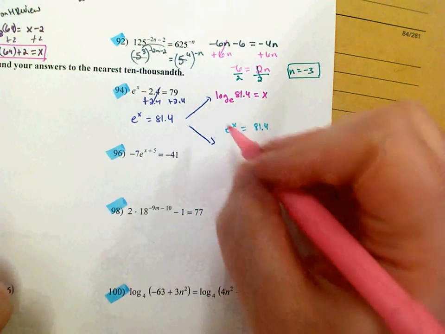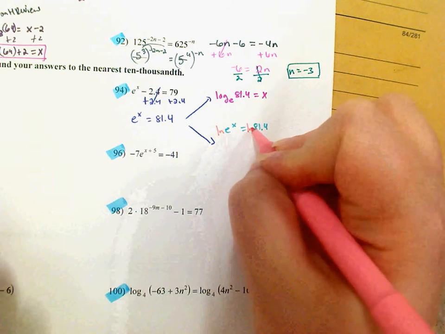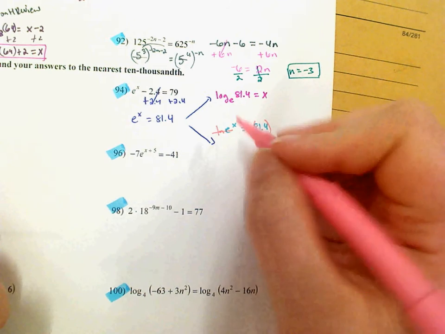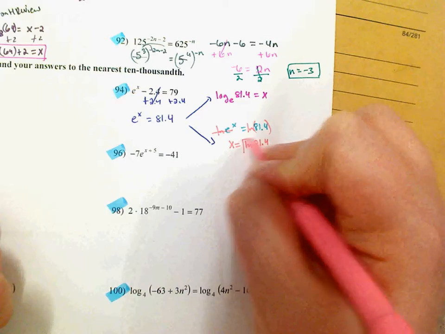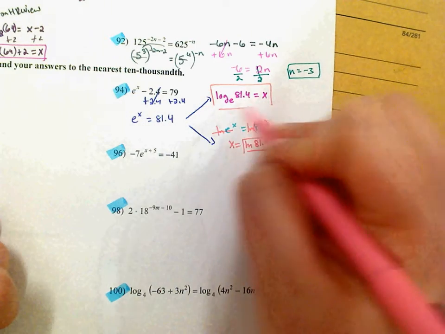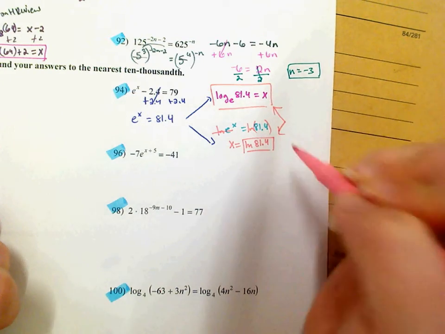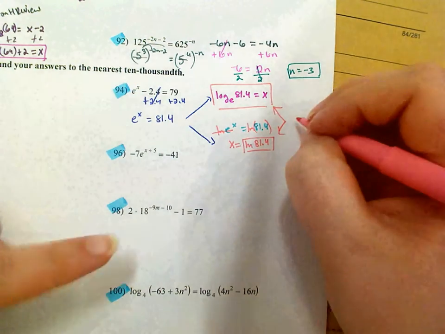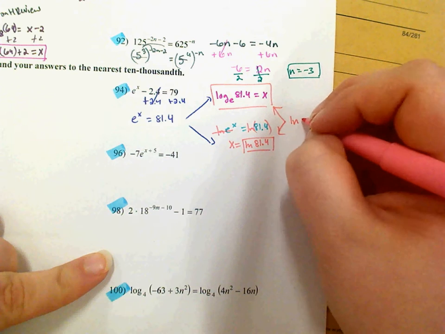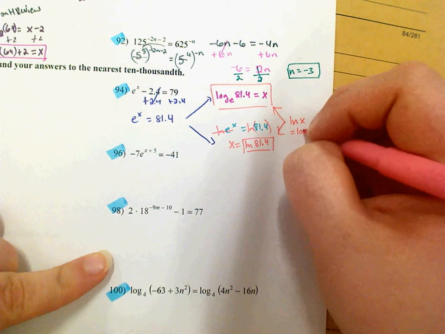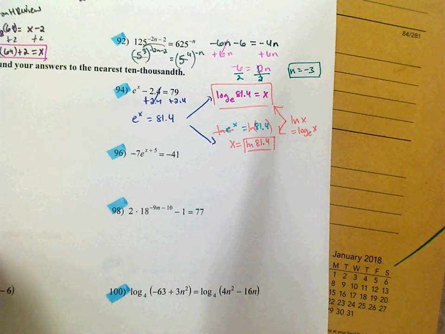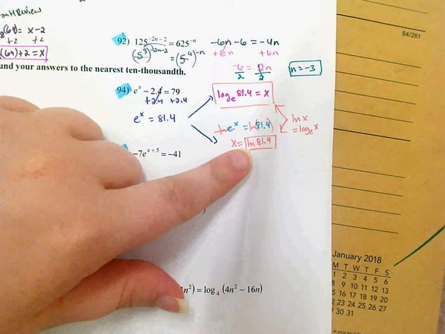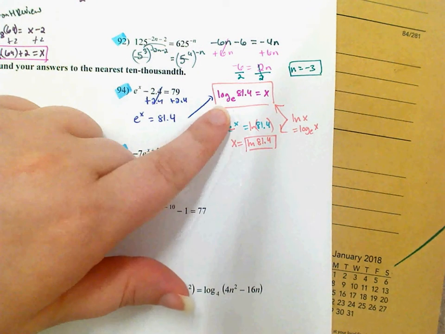So if I just take the natural log of both sides, then I'm left with x equals the natural log of 81.4. So these are both the answer, right? Because natural log of x is the same thing as log base e of x, okay? So as far as multiple choice goes, natural log would be the answer on the multiple choice, but if you just matched it to that, then you would be good, okay?